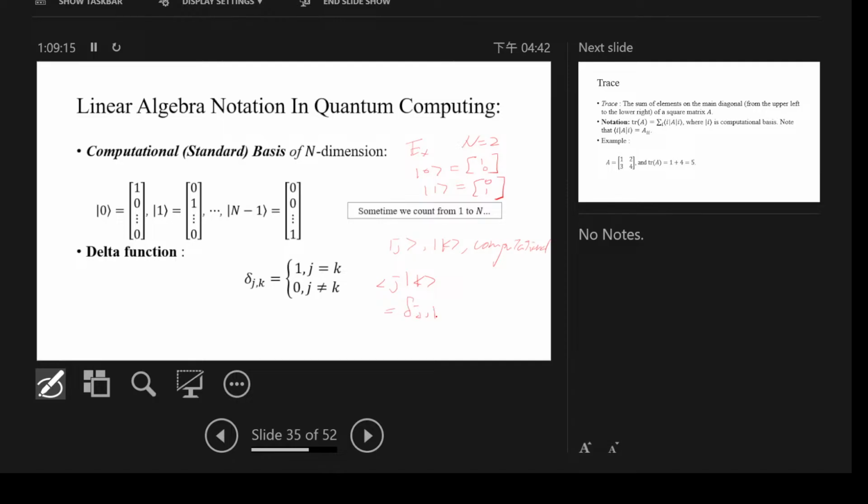So you have the inner product between orthogonal basis elements becoming this delta function, because each vector's inner product with itself is 1. When j equals k, it is equal to 1, and when j does not equal k, they are orthogonal to each other, so the inner product becomes 0. So this is a nice notation, the delta function jk.